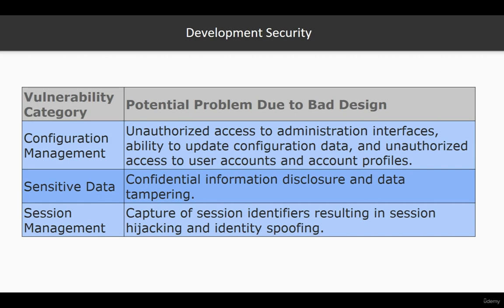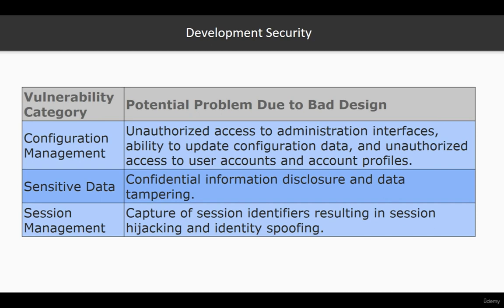Configuration management. As you can see on the screen, it is very important to make sure we have enough access controls on the system so that unauthorized users cannot gain control or get access to what they don't need. For example, the administration interface has to be accessible only to authorized users.